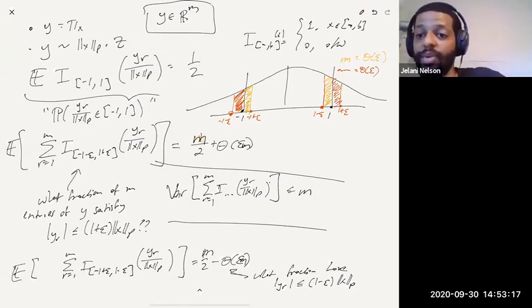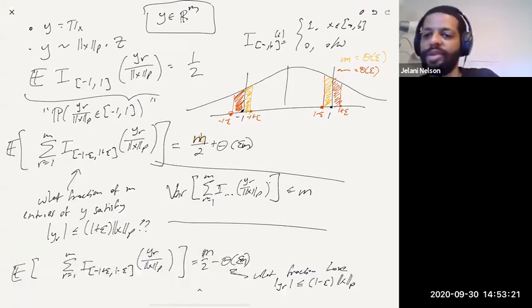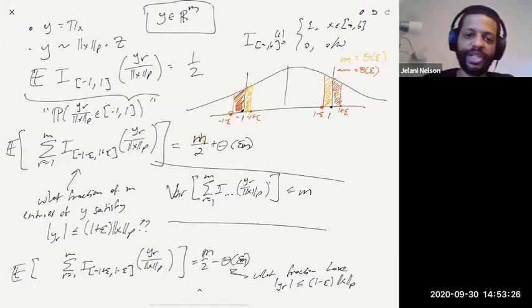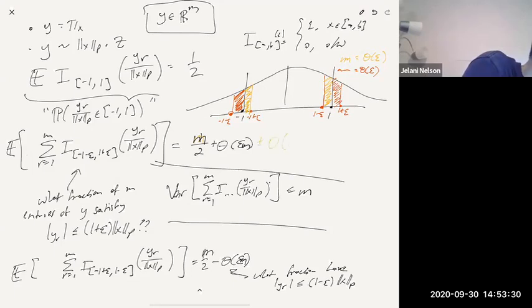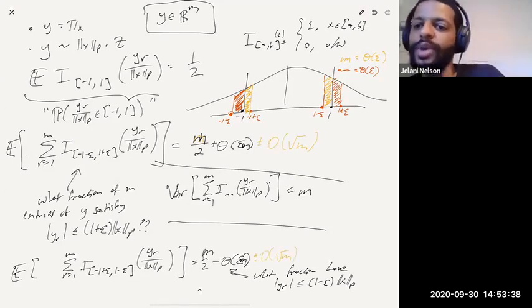So by Chebyshev's inequality, Chebyshev basically says that you're usually within a standard deviation of your mean, right? That's what it says in words. So this is usually this plus or minus O of root m, and this is also plus or minus O of root m. I want to make sure that this O of root m error from the standard deviation is not canceling the epsilon m.